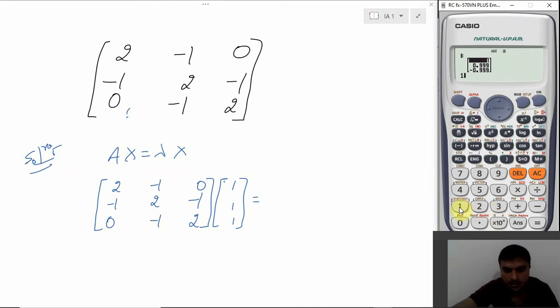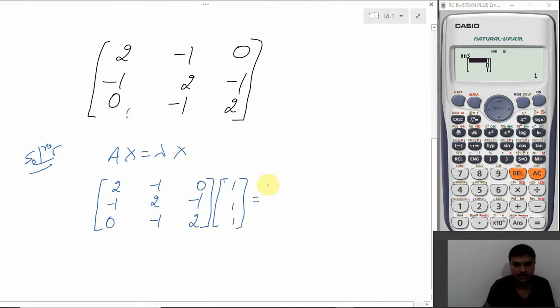I'll just put 1 equal to, 1 equal to, 1 equal to, that's it, friends. Both the data are filled. So shift 4 3 times shift 4 4, which is equal to. Yes, friends, you can easily see in the calculator it's 1, 0, 1.